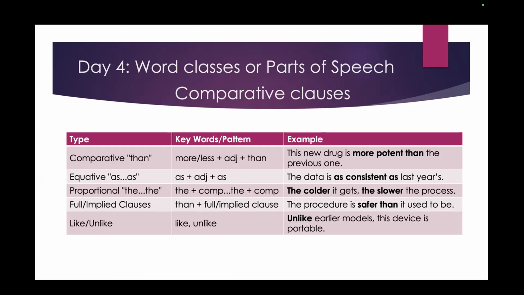So here you are saying that this device that you have is different from the other models. So that's why you use unlike. Or you can easily say, like earlier models, this device is portable, right? So you're saying that the two models, the one that you have and the earlier ones, are portable. Both of them are portable.